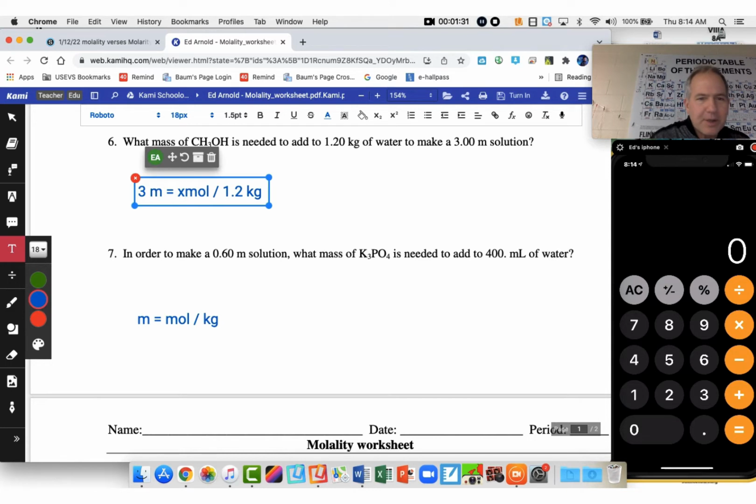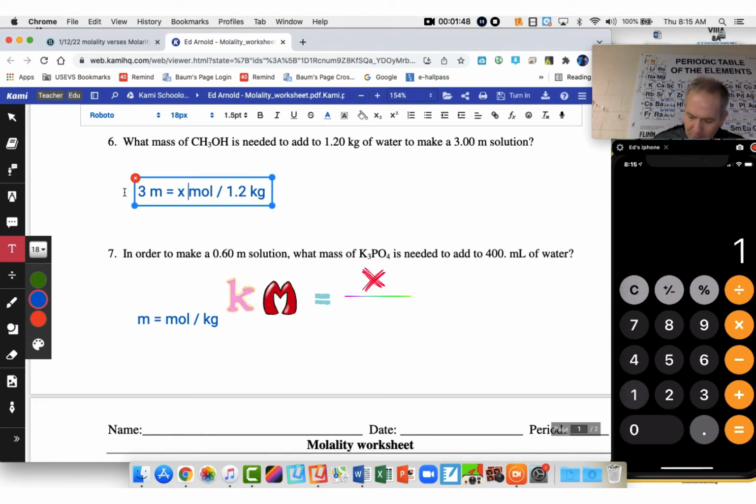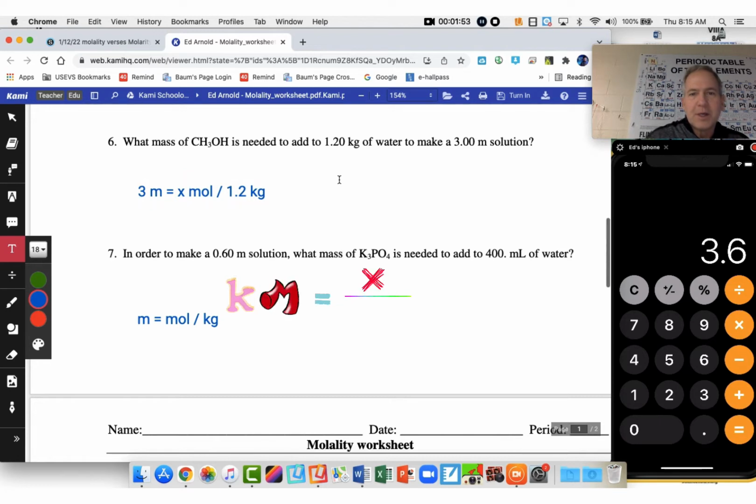You don't have to. We have X on this side, and we're trying to solve for X, so we want to get the 1.2 away from there. We move it to the top of the other side, so we end up with 1.2 times 3, and that equals 3.6 moles.